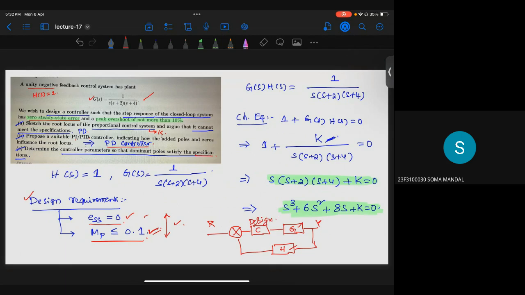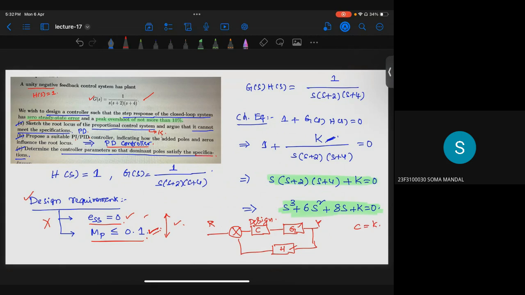So the question is saying that first you draw the root locus with controller C equal to K, a proportional controller, and verify that using a proportional controller we cannot meet these requirements. Then since we cannot meet them with only a proportional controller, try some other controller, either PI, PD, or PID.